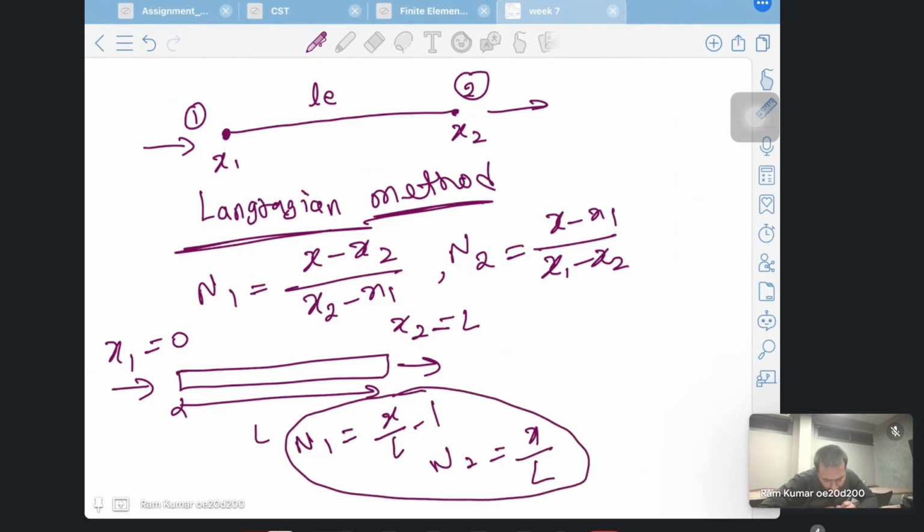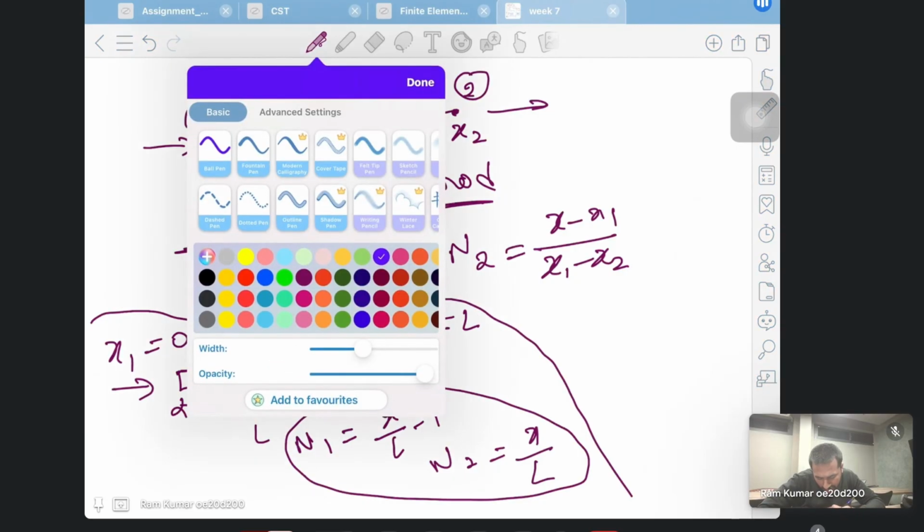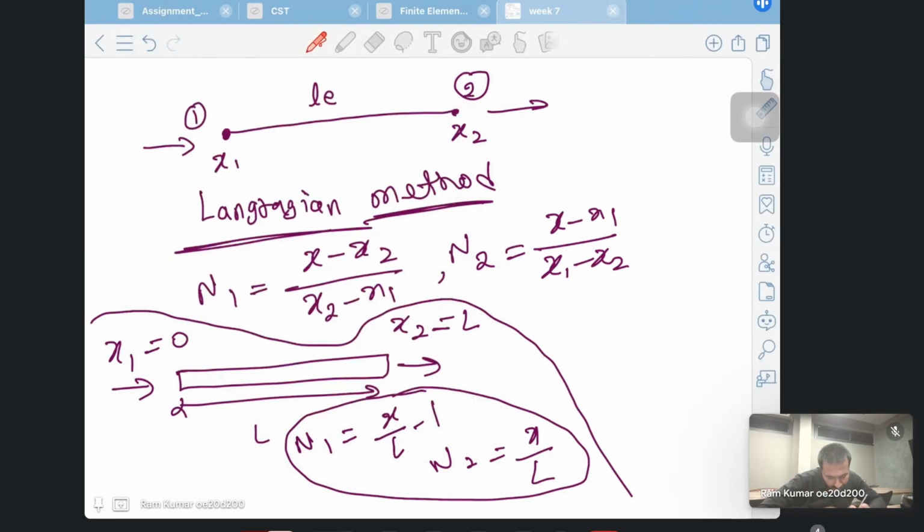So these you can get by different means. What I'm trying to say is that by using the Lagrangian method, if I put in values, for example x1 equal to 0, then n1 equals (x minus L) by L, where this is length L. So n1 will become x by L minus 1.